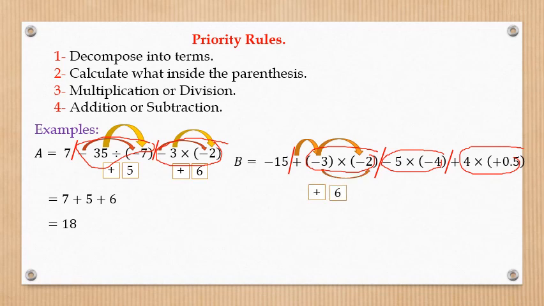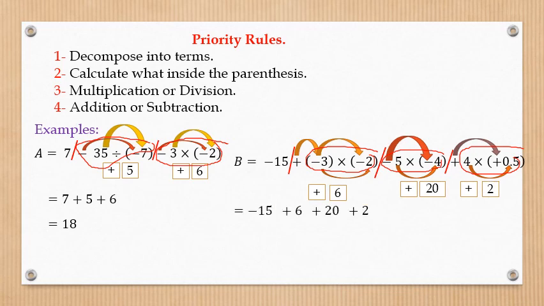Now, plus 5 times minus 4, same sign, so it should be positive. 5 times 4 is 20. 4 times 0.5, they are positive numbers, so their answer should be positive. 4 times 0.5 is 2, so on the line I have to write minus 15 plus 6 plus 20 plus 2, which is 13. Thank you for your attention.